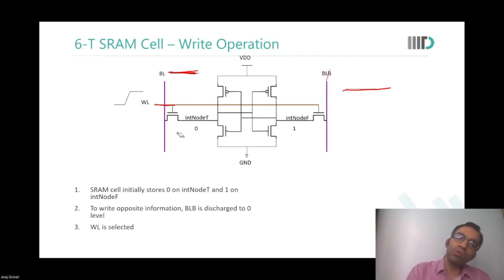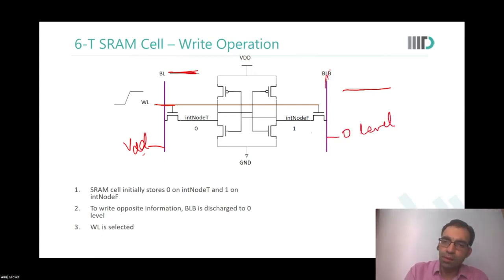So what are we looking at now? We are seeing that there is this node which is at supply level, let us say VDD supply level. And there is this another bit line which you have taken to 0 level. And in there you had stored a 1, and in here it had stored a 0. So what will happen? Because the switches are closed now, current will start to flow from here, and the current will start to flow from here also.